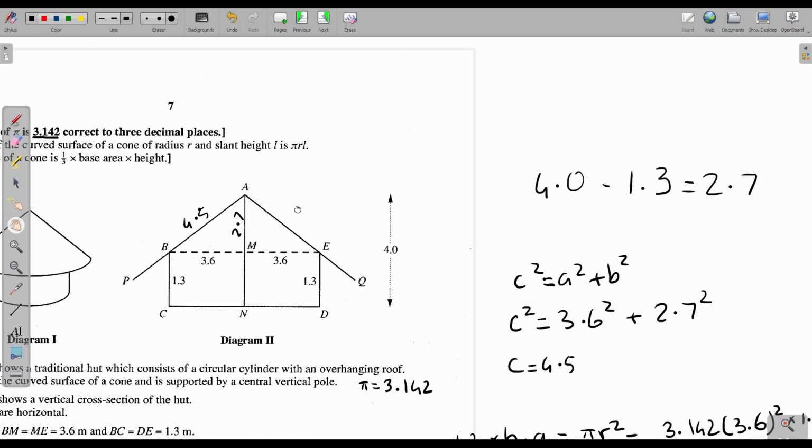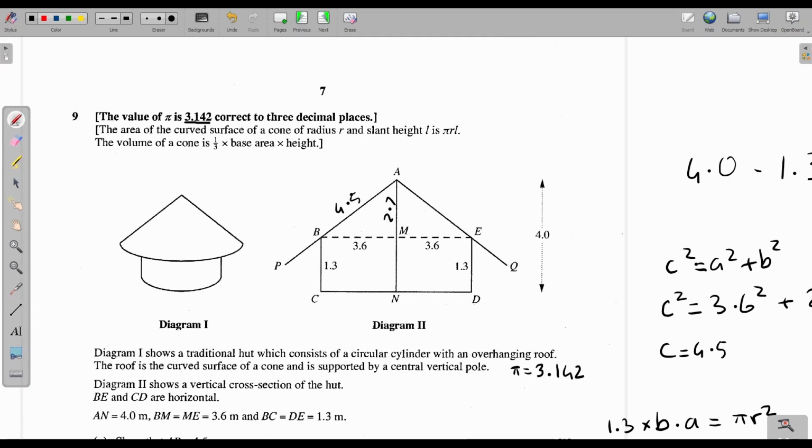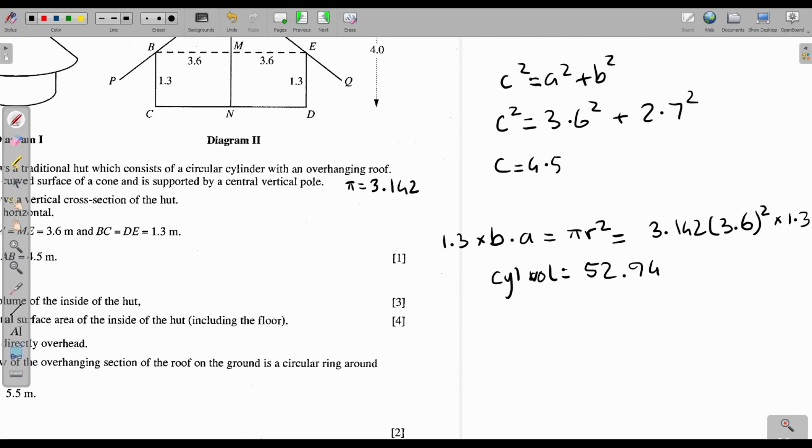And then we want the volume of the cone. So we have pi r l, or sorry, that's the surface area. We want the volume. So volume is equal to 1/3 of the base area into the height. Here the height is 2.7. Nothing else actually changes. The base area is pi r squared.